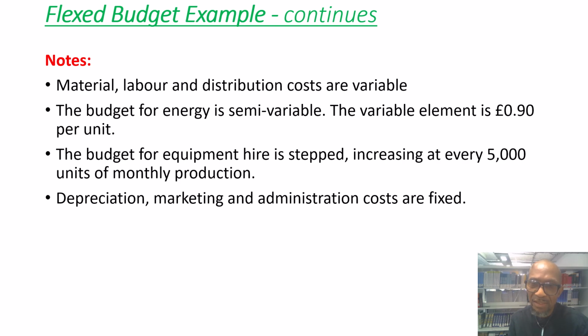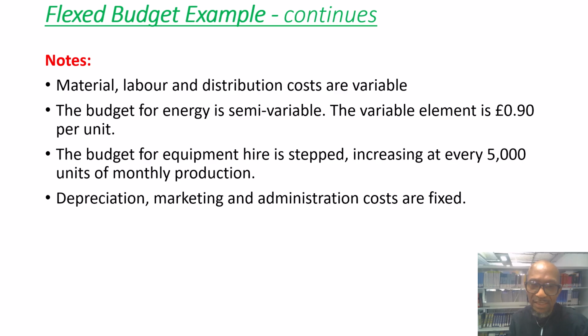The variable element is 90p per unit. With this, we need to derive what the fixed element is. The third note is the budget for equipment hire is stepped, increasing at every 5,000 units of monthly production. Again, we have to find out the cost increase for each step.